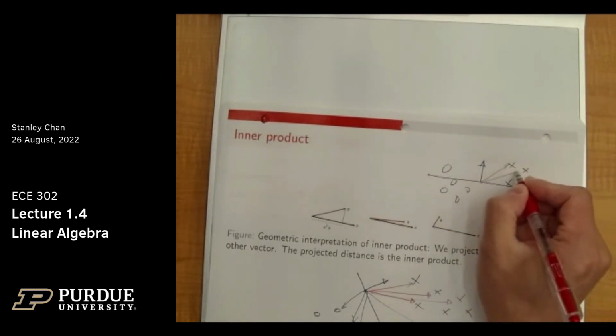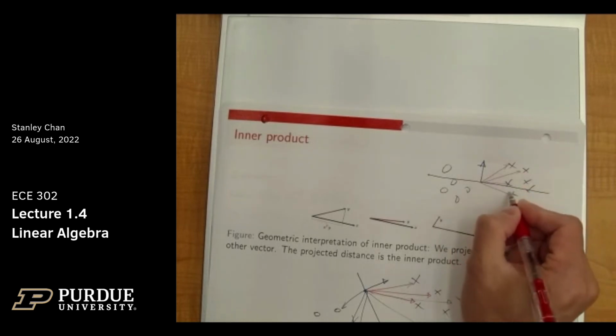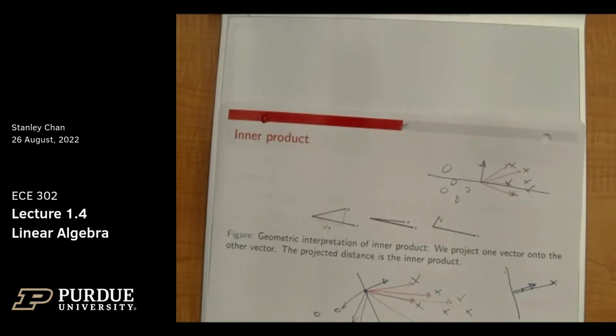Well, positive, positive, positive, right? Oh, negative. The angle is bigger than 90 degrees, so negative. Already I will know that this decision boundary is not good, because I get a negative inner product. Then you move around your decision boundary until everyone is positive on one side and everyone is negative on the other side.